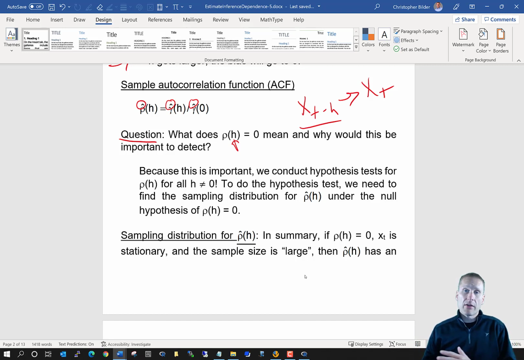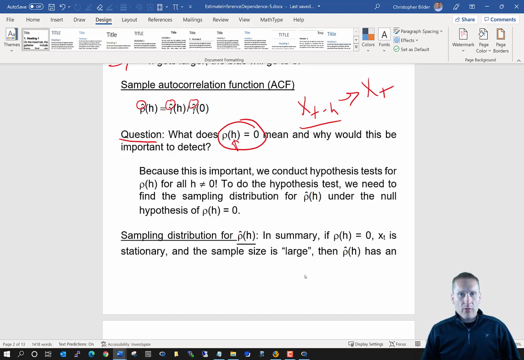So it wouldn't make sense to go back h time points in the past to forecast what you would be at x of t. So this is a very important concept to understand: when is rho of h equal to 0, and when is it not equal to 0? Because that controls how you want to predict, how eventually you want to forecast with your time series.